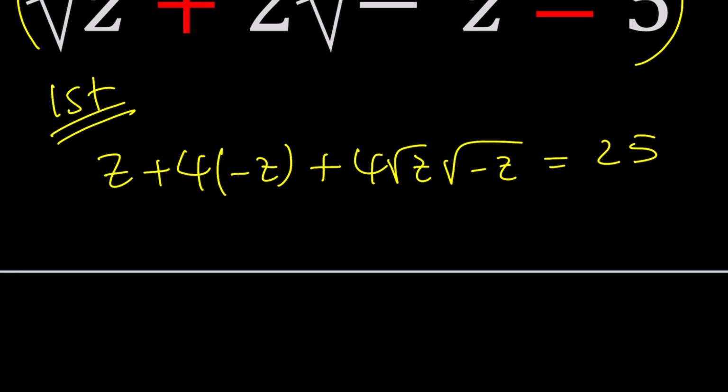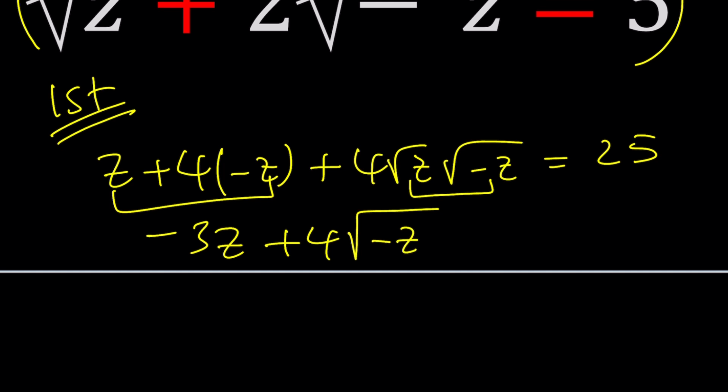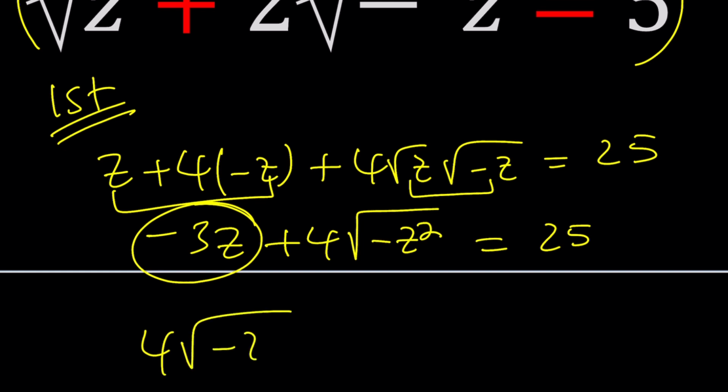Nice. This will give us negative 3z, so we're going to get negative 3z plus, I could probably write this as 4 times square root of negative z squared, and then that's equal to 25. And of course, I want to isolate this radical one more time and then square both sides, because we want to get rid of all the radicals.